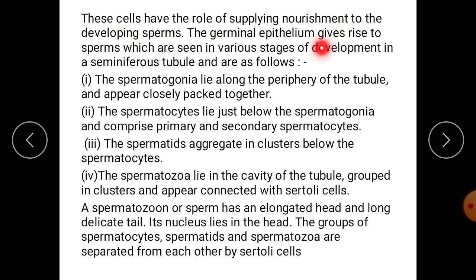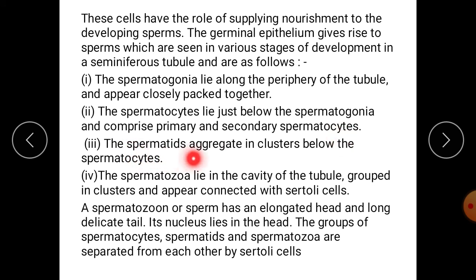The germinal epithelium gives rise to sperms which are seen in various stages of development in a seminiferous tubule. The spermatogonia lie along the periphery of the tubule, just below the basement membrane, and appear closely packed together. The spermatocytes lie just below the spermatogonia and comprise primary and secondary spermatocytes.